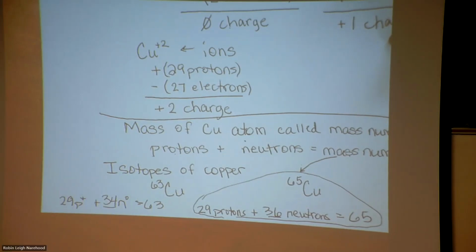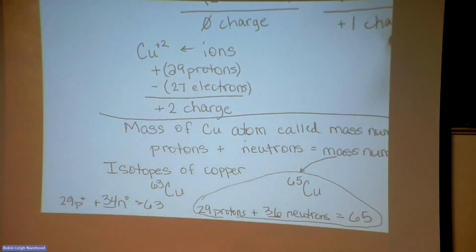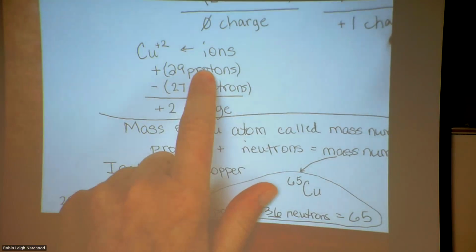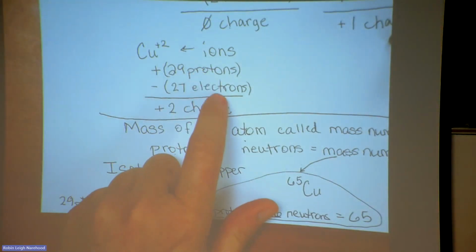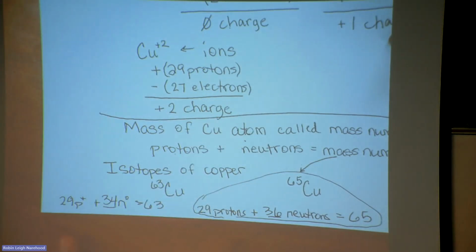So what I've done with these, showing you the ions and separately the isotopes, is I've tried to show you how the atomic number, when you compare it to the electrons, you end up figuring out the charge of an atom. And if you compare the protons and the neutrons, you end up finding the mass number of the atom.